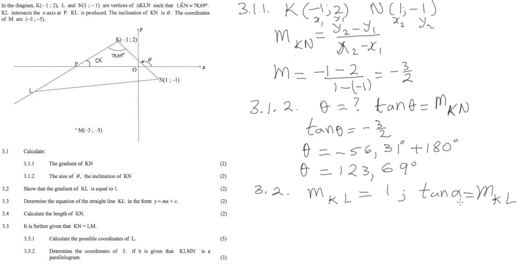So what will be this angle? You have to know one thing: if you have a straight line like this, and the angle with the x-axis is alpha, and this line with the x-axis is theta, let's call this angle K. I want to show you something.